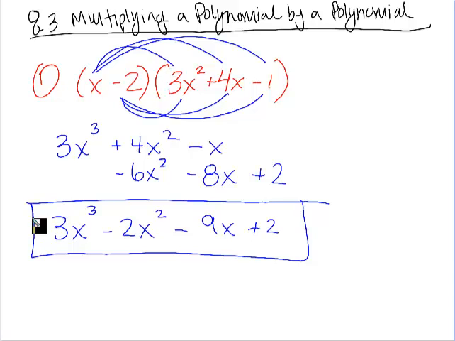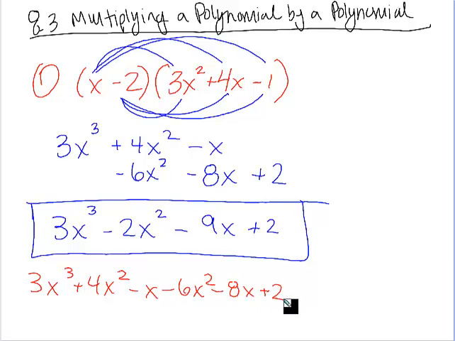Okay, so now the alternate to this, if you don't like doing it vertical, that's fine. You don't have to do it that way. The alternate way is when you go through and distribute it, you would have a whole string like this afterwards. And then you would look and find the like terms.